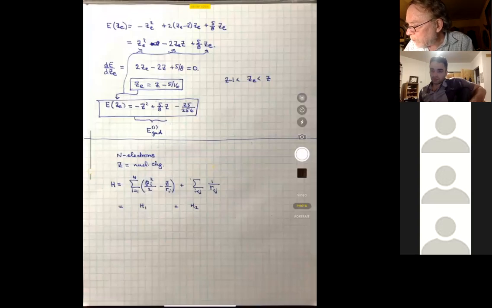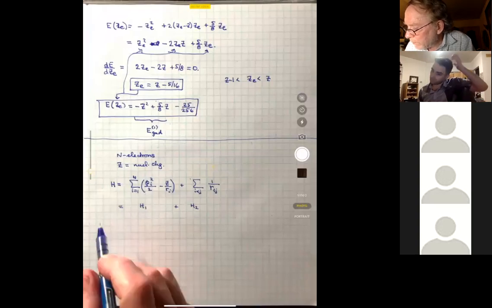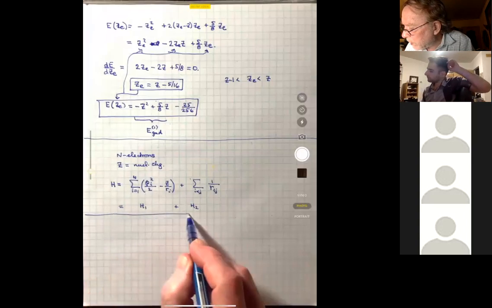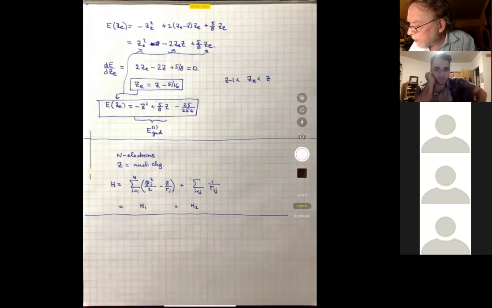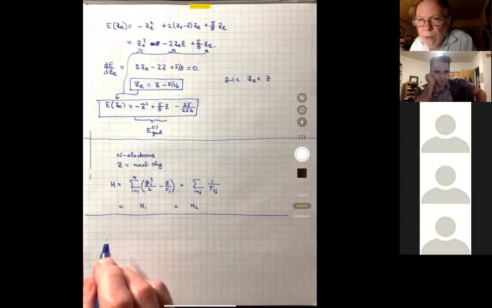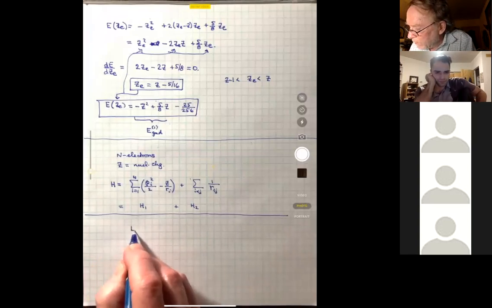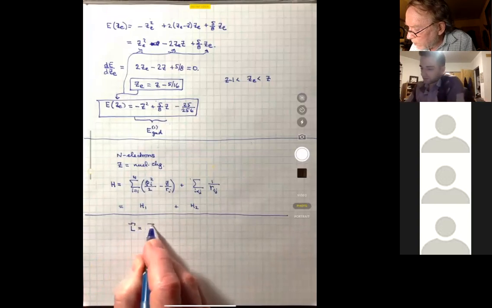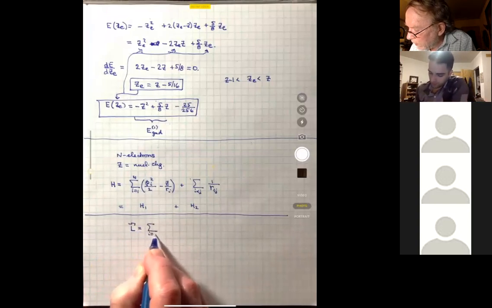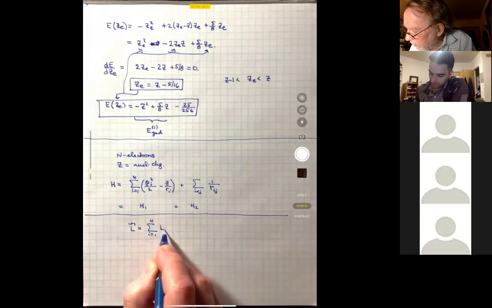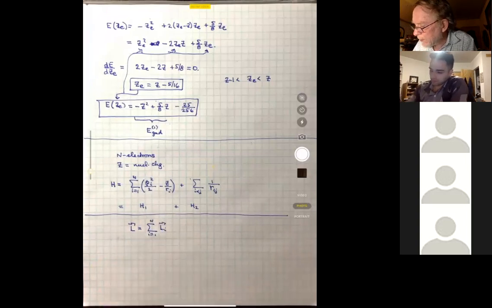Now then, before we embark on any serious calculations, let's look at symmetries that this Hamiltonian possesses. One of them is given by angular momenta. The total orbital angular momentum of the system is just the sum over the electrons, i equals 1 to N, of the individual orbital angular momenta L_i, like this. The term H1 commutes with the individual orbital angular momenta.